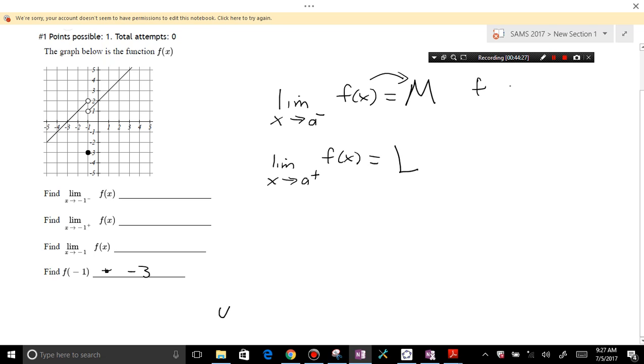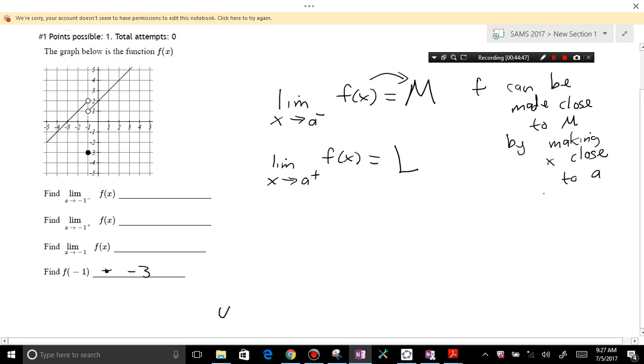F can be made close to M by making X close enough to A, but from the left, which means on the number line, you're smaller than A. We'll talk about what this means pictorially in just a second.